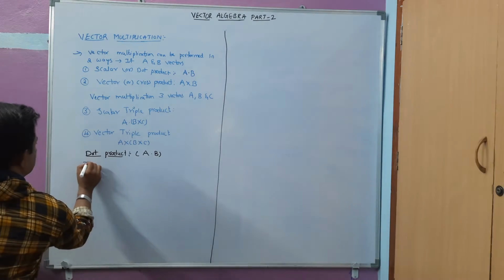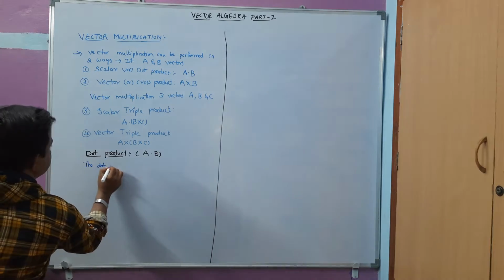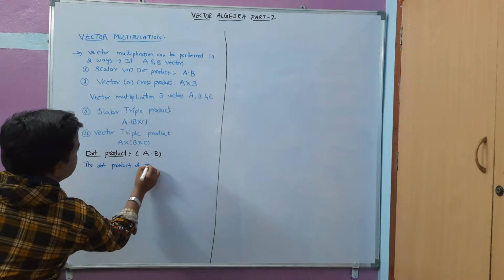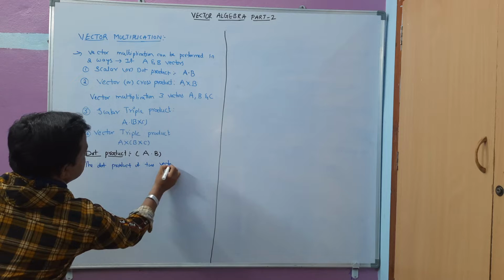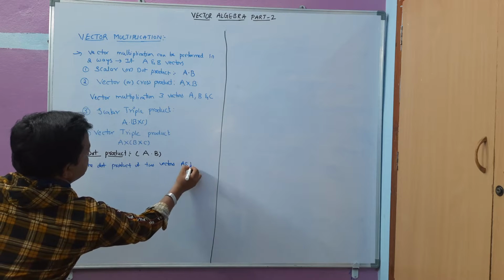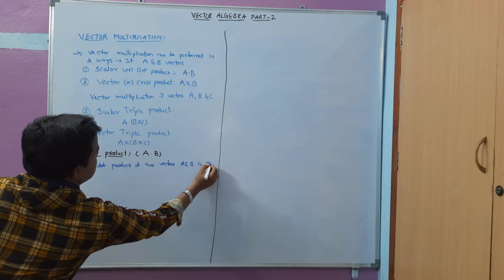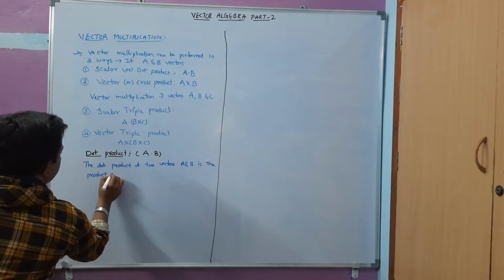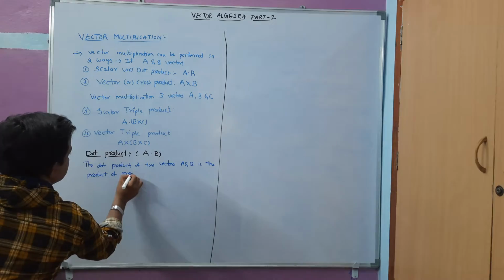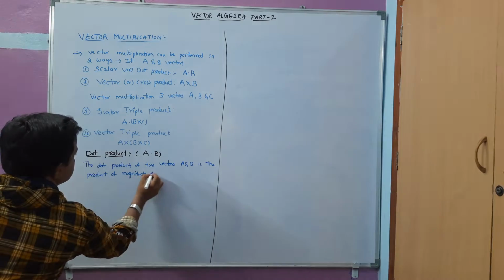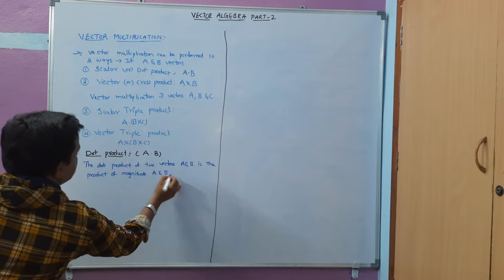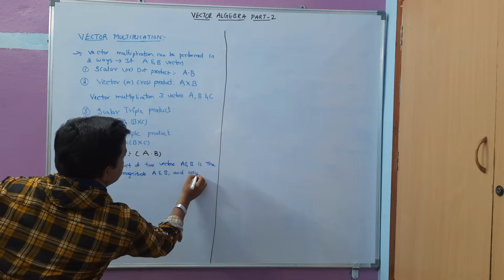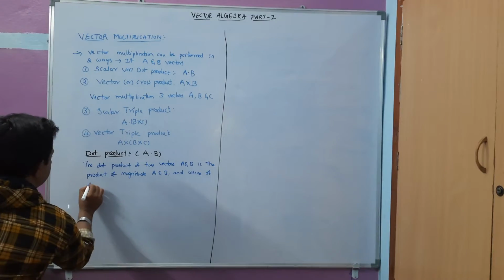Let us write the definition here. The dot product of two vectors A and B is the product of the magnitudes of A and B and the cosine of the angle between them.